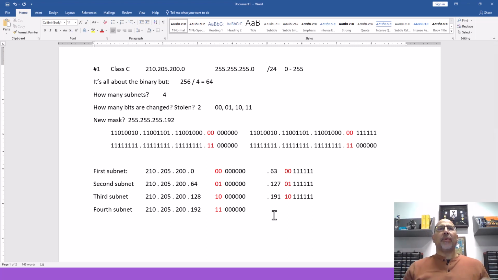The last subnet will also have the highest possible address in the class full address space, which was 255. So we know that it's going to be 255, but a check for us is to say, well, my subnet field is 11. I'm going to put all ones in the host portion, right? And there we have 255.